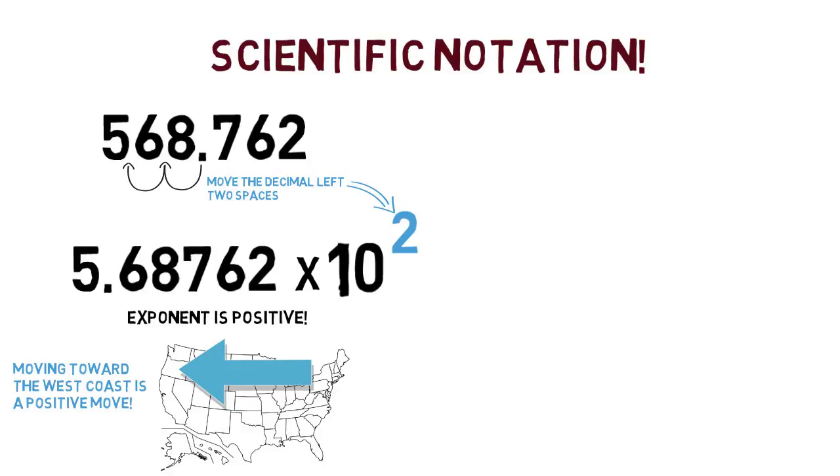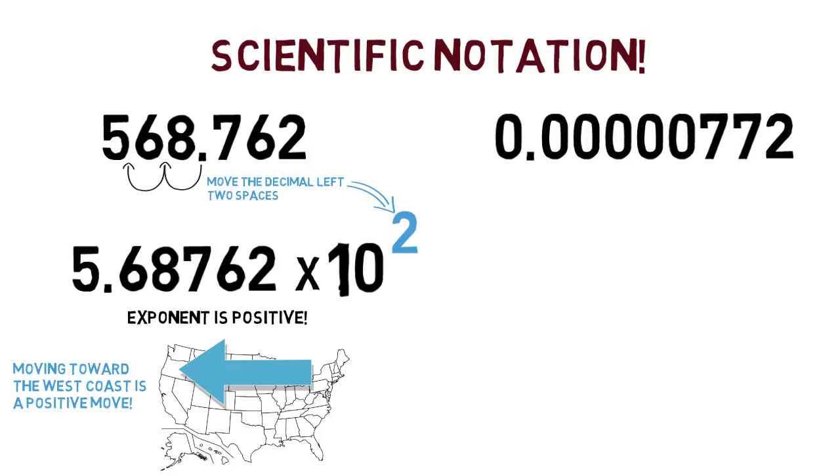Let's try a smaller number, a number smaller than 1. 0.000000772. So the first step is to create a number between 1 and 9.999. So we have to move that decimal place 6 spaces to the right, so it's between those two sevens.